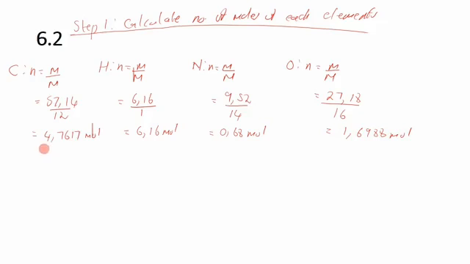Then we know our step 2 is to divide by the smallest number of moles. Which one is the smallest number of moles here? We can all agree that it is 0.68.